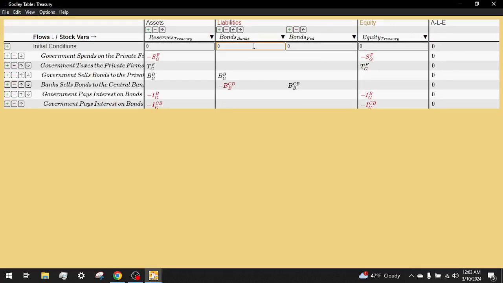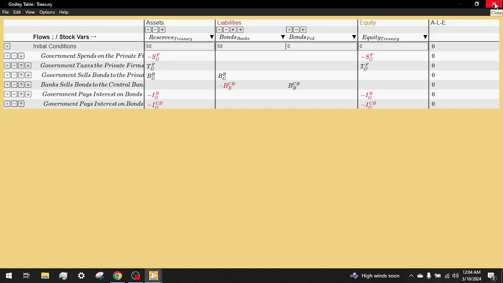So let's say that the private banks hold, I don't know, 50 billion in treasuries. And that means that the TGA has 50 billion in reserves in its checking account, and so right now its equity is 0, it's completely balanced.